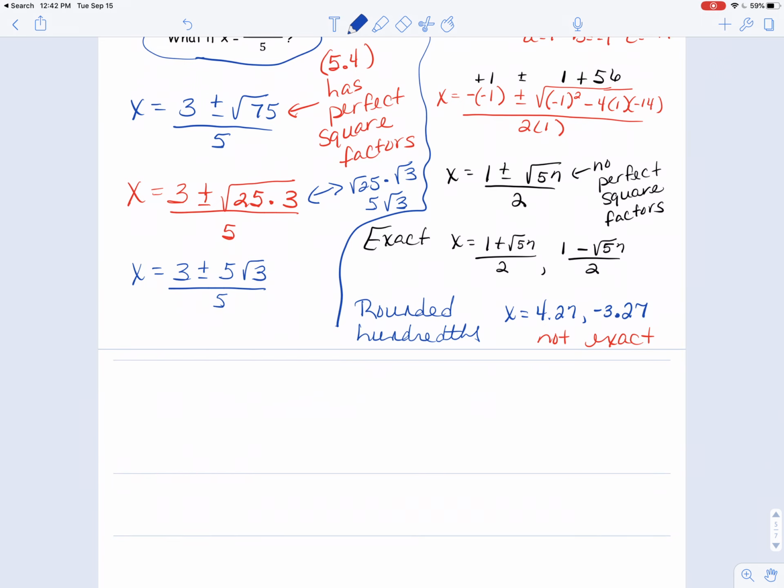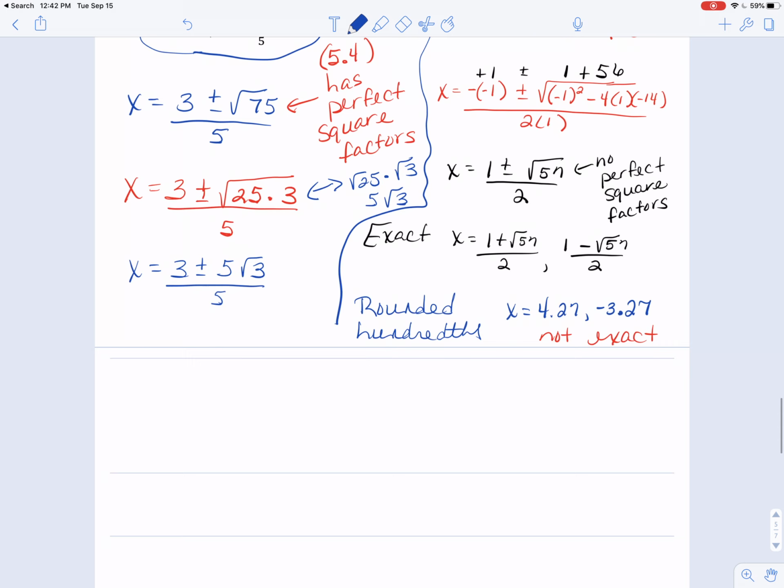All right, so let's split that up. x equals 3 plus 5 times the square root of 3, over 5. And 3 minus 5 times the square root of 3 over 5.